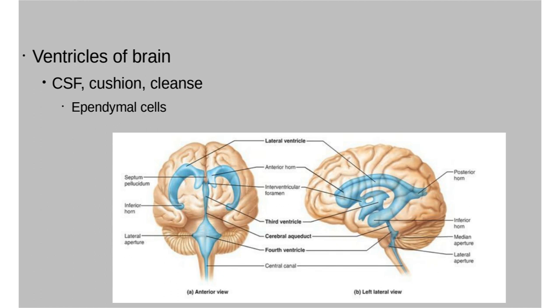When it gets to the base of the spinal cord, it comes back up, circulates around the outside of the brain, and eventually back to the ventricles, where it's reabsorbed into the blood as new CSF is made. So we're constantly making new CSF, rinsing the brain off with it, and then getting rid of that old CSF. So it cleanses the brain and the spine.